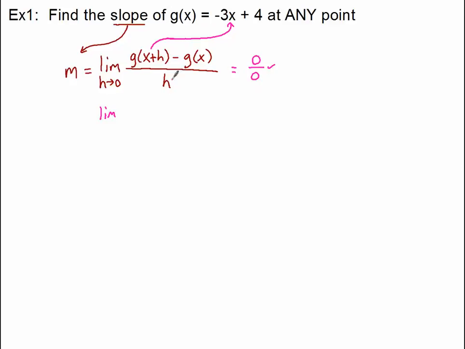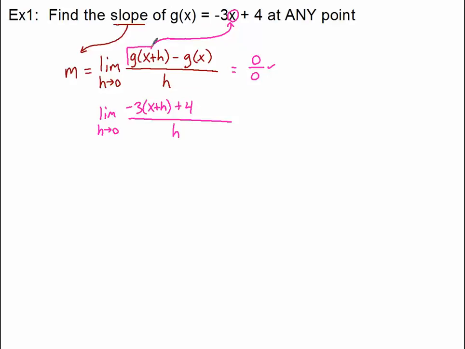And that common factor is the h that we see right here. So until we can cancel out that common factor, I'm going to continue to write my limit symbol. I'll put the h in the denominator. So g of x plus h, I take g of x and I replace this input with an x plus h. So it's -3 times (x plus h) plus 4.